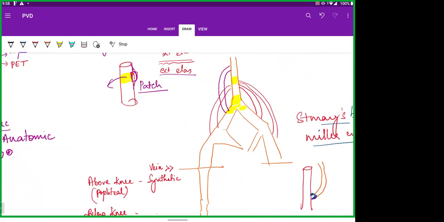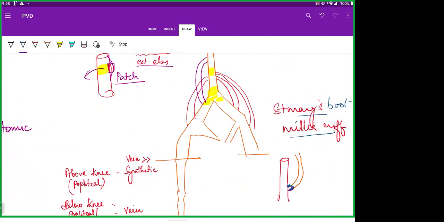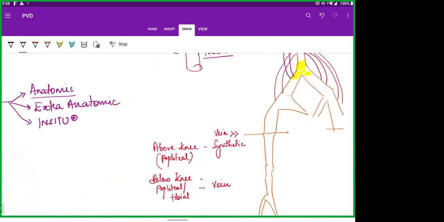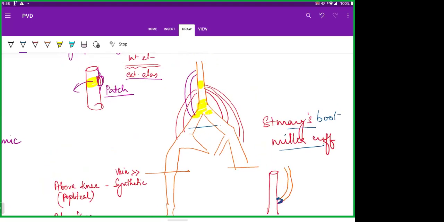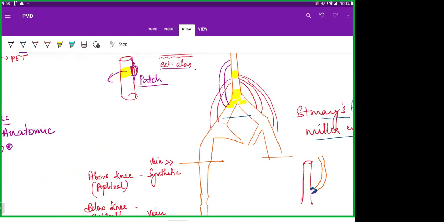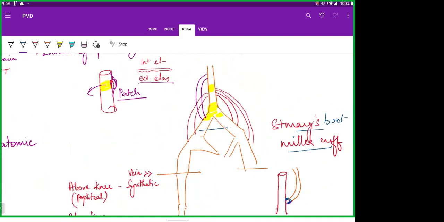Extra anatomic is when there is some kind of problem in the abdomen where you can't go into the abdomen, so you need to take the graft from other sides. In extra anatomic, you have a femorofemoral bypass, or an axillofemoral bypass. These are very rare, usually done only where it is very difficult to approach the immediate proximal segment.